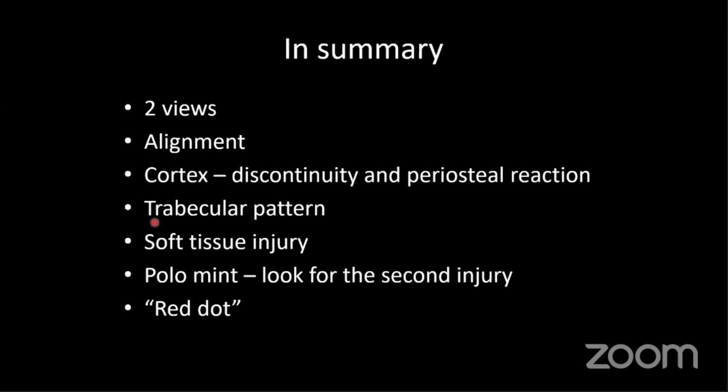If there's any soft tissue swelling, or any joint effusions or general swelling around the joint, that makes you more suspicious of an underlying bony injury. And specific to the lower leg, we've talked about the principle of the polo mint. Between the tibia and the fibula, if you see a fracture in one, you need to image the whole of the knee to ankle joint to look for a second injury.